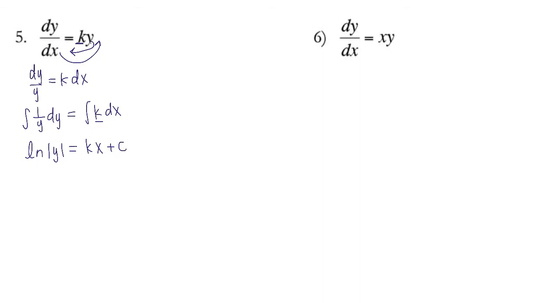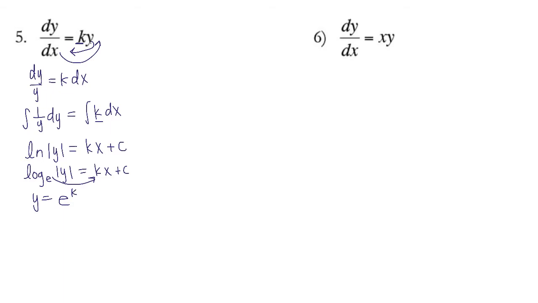And just like before, we have to remember that ln is really the same thing as log base e, the absolute value of y, equals kx plus c. And now, just like with the previous problem, we're going to raise both sides to that e power. We're going to say y equals, and to remove that log, you say e raised to this entire other side.